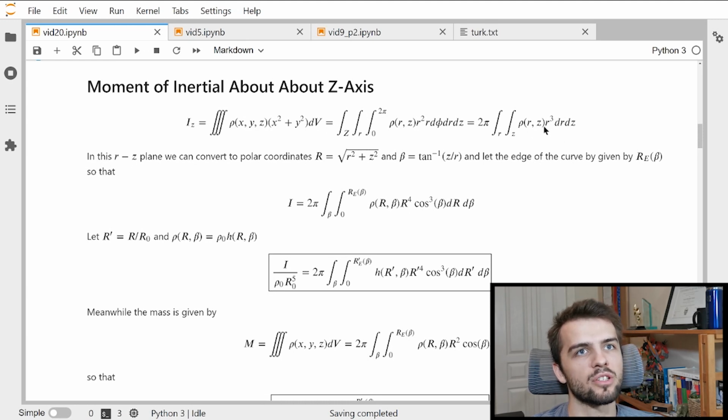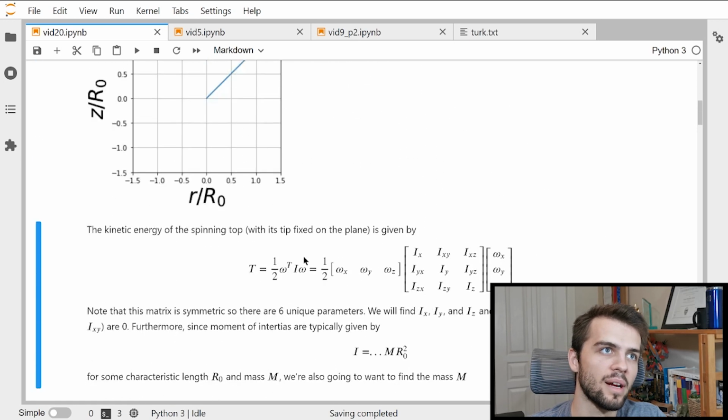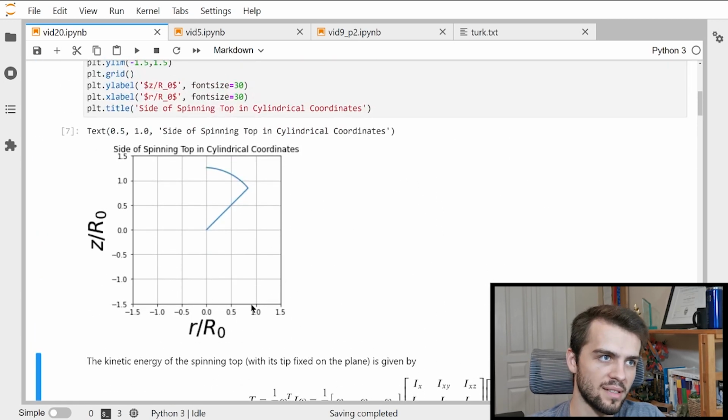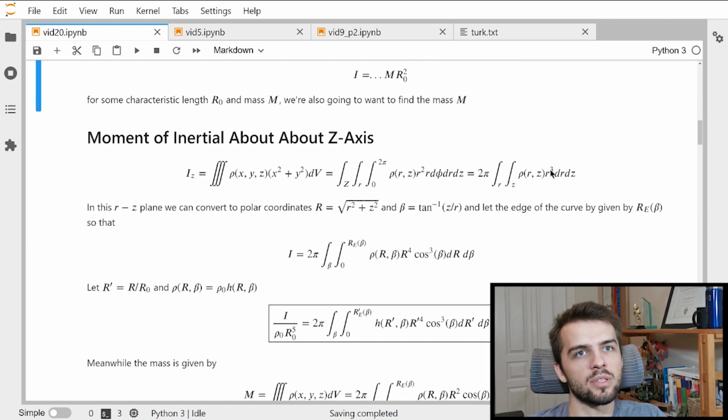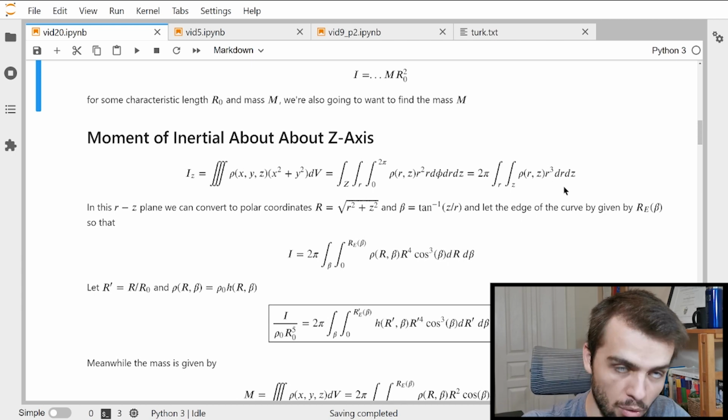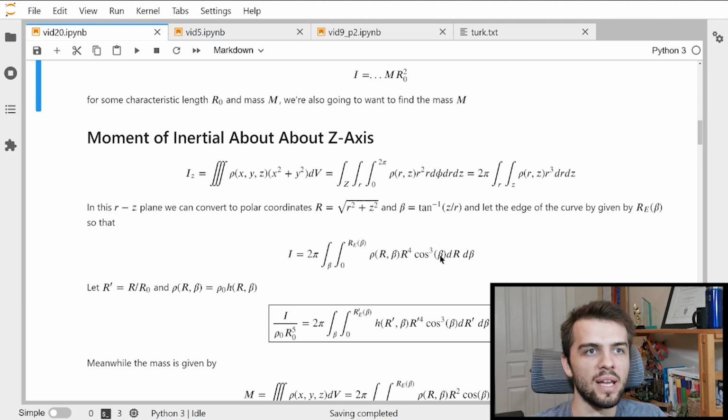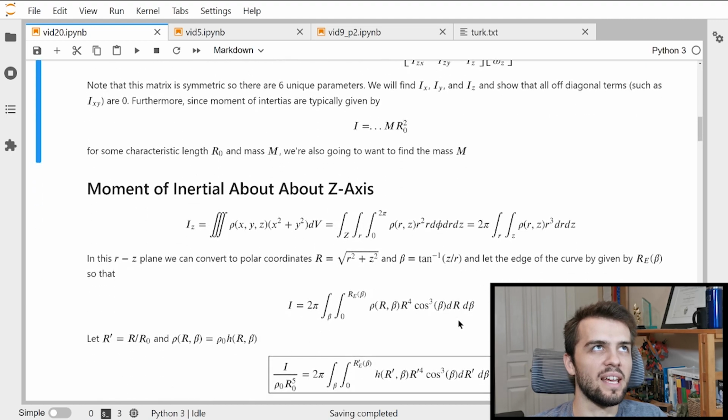I can solve for that: little r, kind of like the x in polar coordinates, is capital R, the radius, times cos beta, which is the angle. That's why I substitute that in there. And then dr dz, like dx dy, converting to polar coordinates, becomes dR d beta, and I need to add another factor of R there.